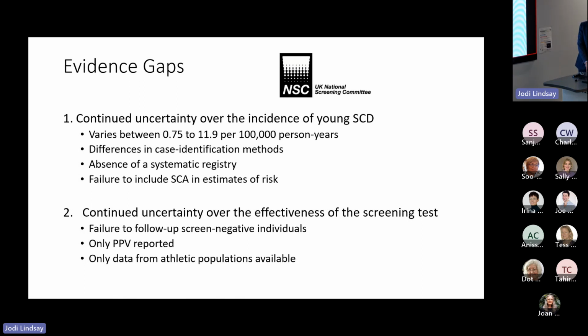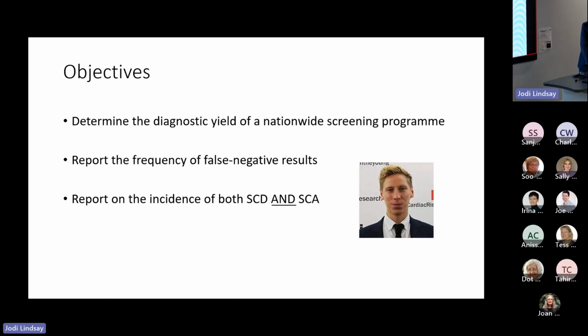So we thought that we would look at the incidence of sudden cardiac death in the population involved in the cardiac screening program, and also look at the conditions that we identify in a large cohort of more than 100,000 individuals. But very importantly, we also look at the false negatives, which we have not done before, in terms of follow-up: going back to individuals that were identified as normal by our screening program.